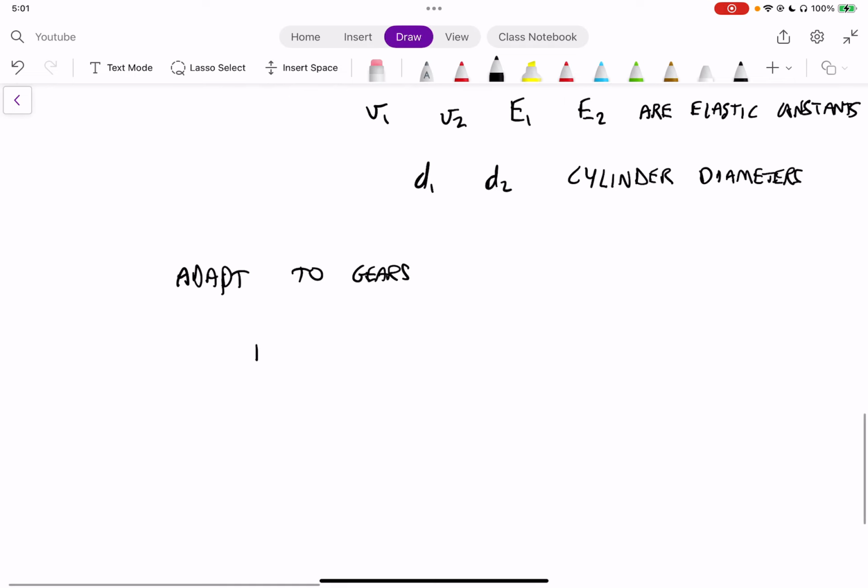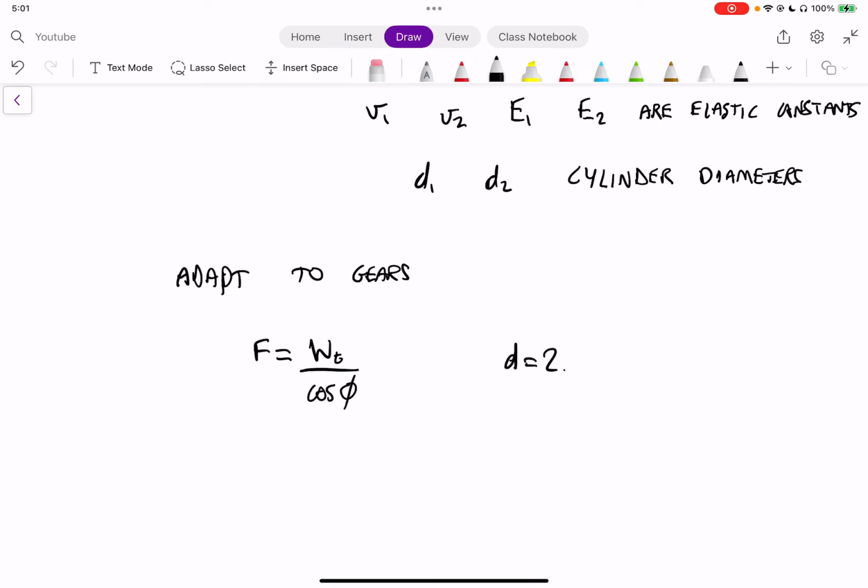So F, which is the force, is going to be equal to Wt divided by cosine of phi. Okay, and we're dividing by cosine of phi because we want the whole W. We want the whole force to be taken into account, not just the tangential force in this case, because the whole force along the line of action is going to be the force between the two rolling gears, essentially.